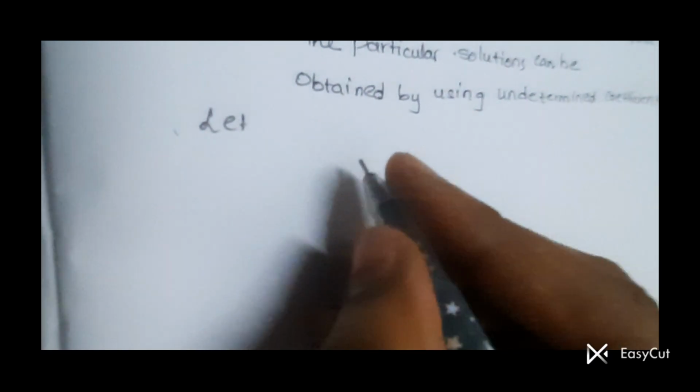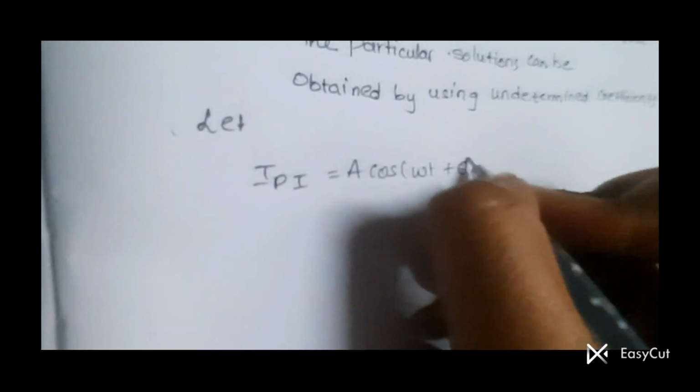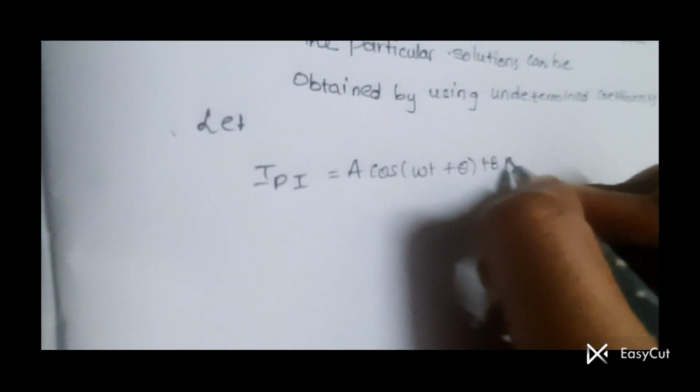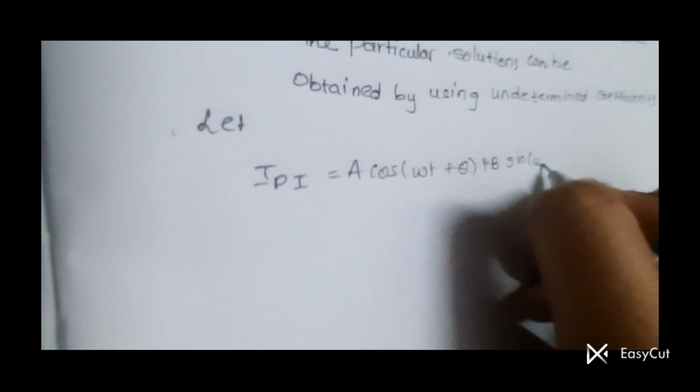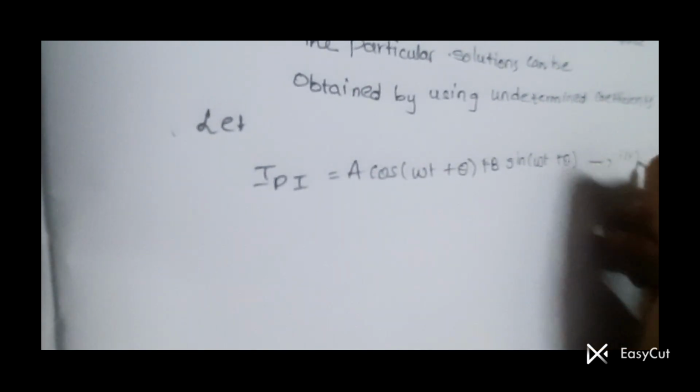Let IPI equals A cos of omega t plus theta plus B sin of omega t plus theta, treating it as i of t.